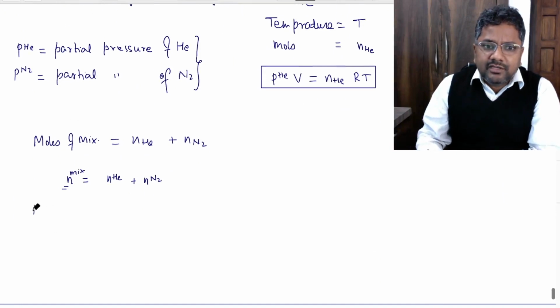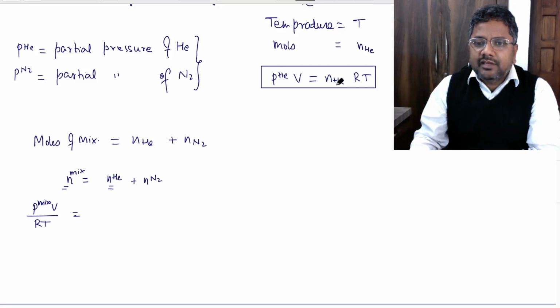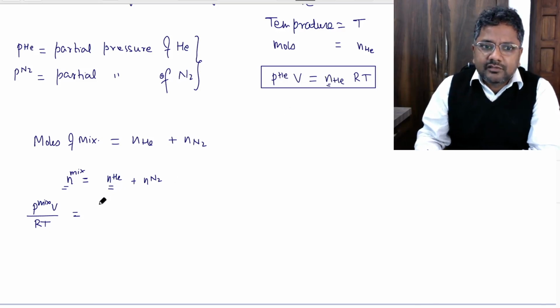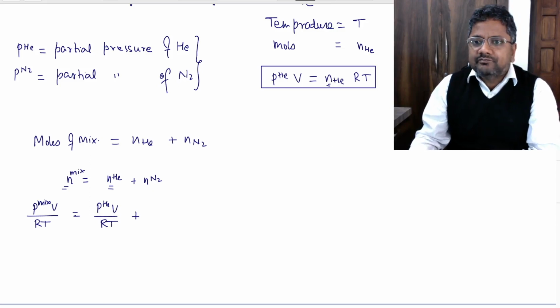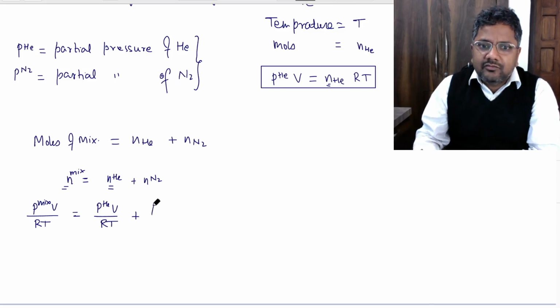So, P mixture into V by RT is equal to N of helium plus N of nitrogen. N of helium is equal to P of helium V by RT, plus P of N2 V by RT.